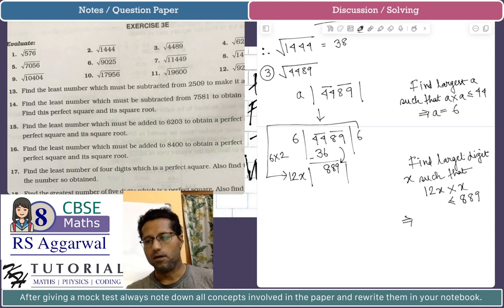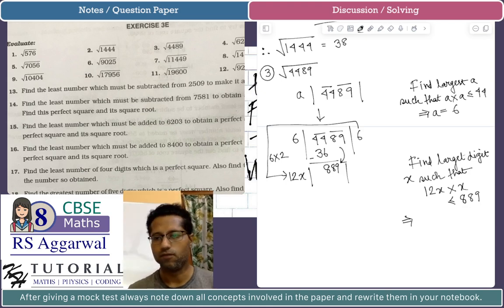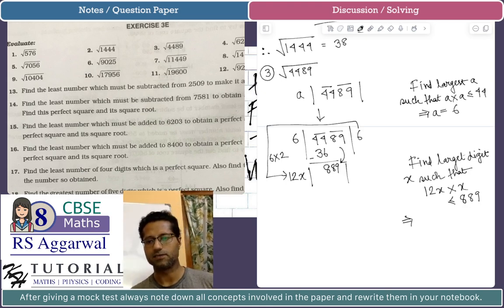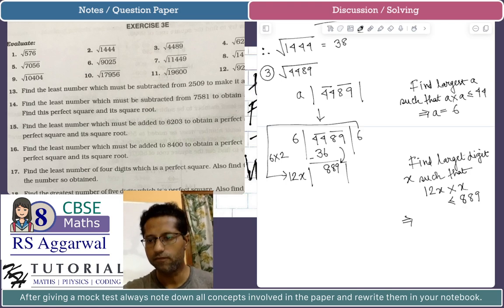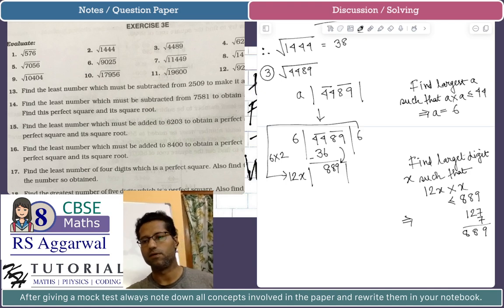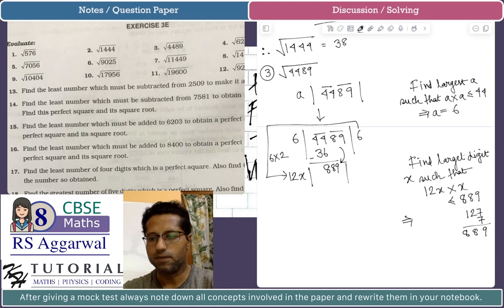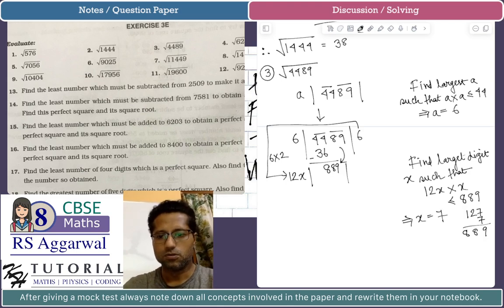Now 889 is a 3-digit number, 12x. If you take x as 7, what will it become? 127 multiplied by 7, this is 49, and this is 14, 18 and 8. Oh, perfect. So x will be equal to 7.